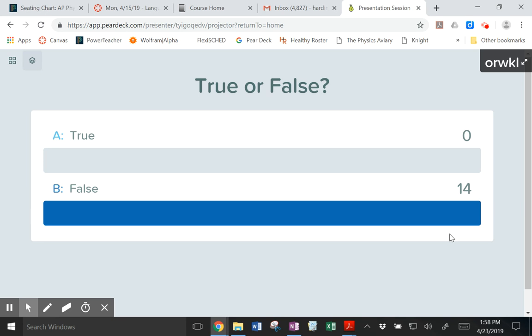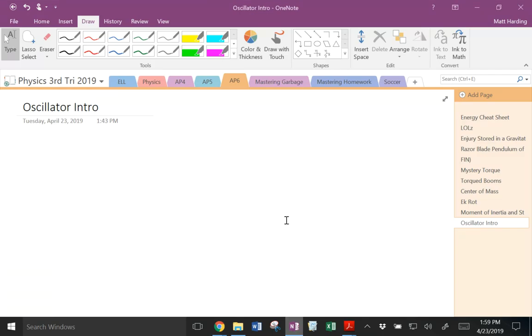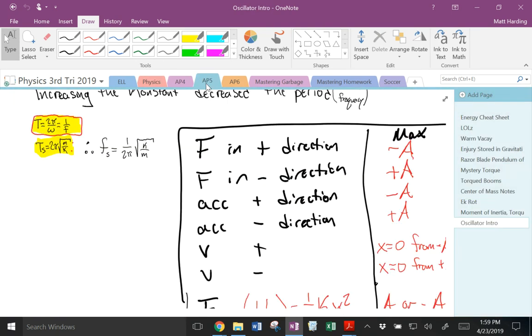Still locked? Yeah. That's cool. There you go. You people type fast. Gentlemen, where did the video that I shared to OneNote go?